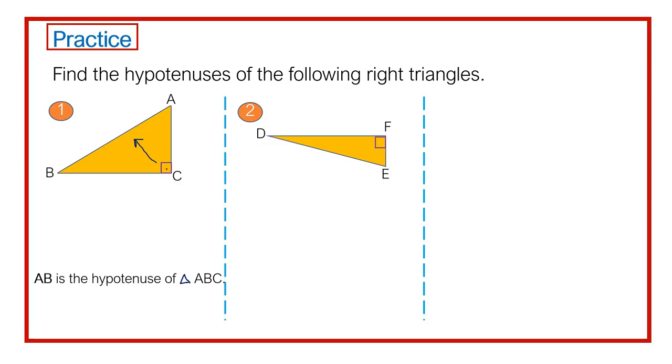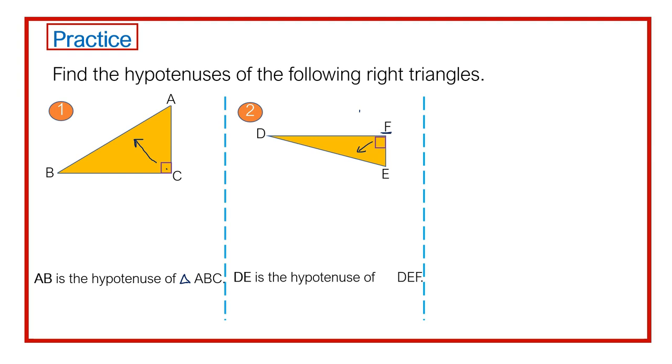In number 2, we have got triangle DEF. So, to know the hypotenuse, we need to know the biggest angle. The biggest angle for this case, it is angle F. So, I need to know the side that is opposite angle F, and that is DE, this one.